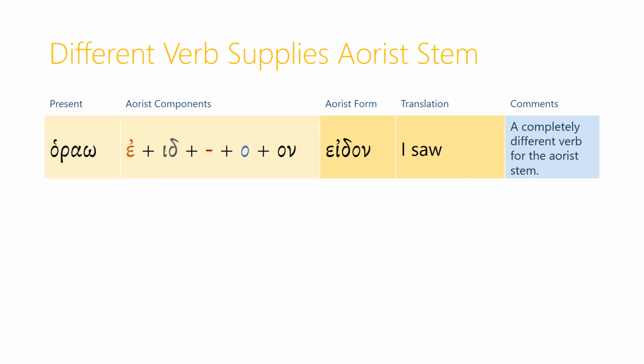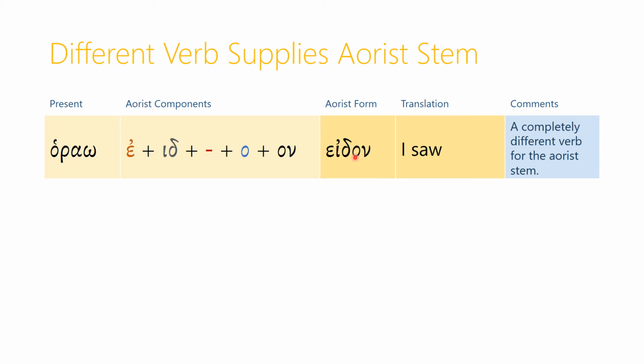A good example of this is horao, which becomes in its aorist stem id instead of hora. Where does the id come from? Well, it's not even a changed form of hora. This is borrowed from another verb entirely. But that means that once we put the epsilon augment on, we get the aorist form eidon.